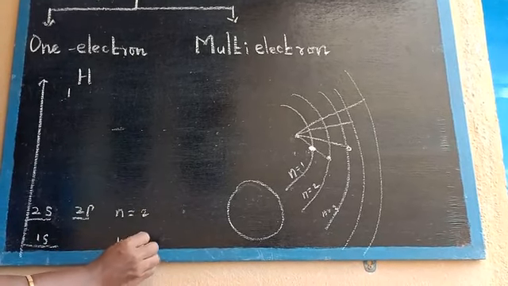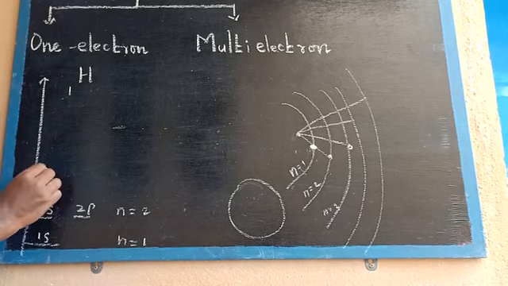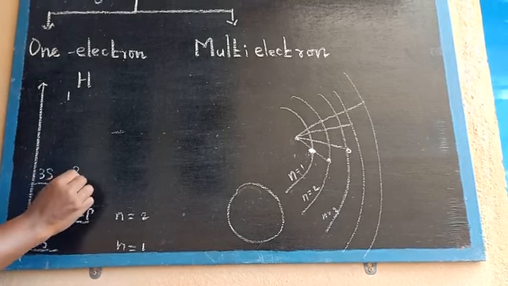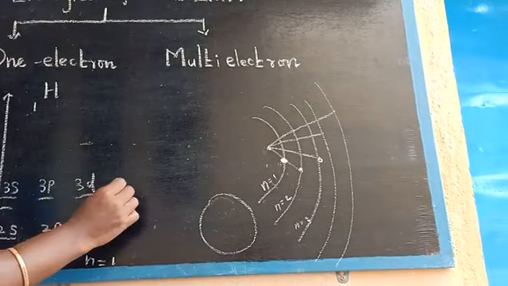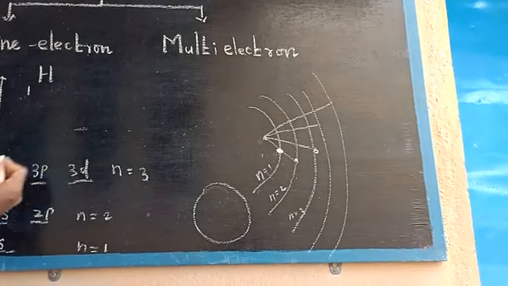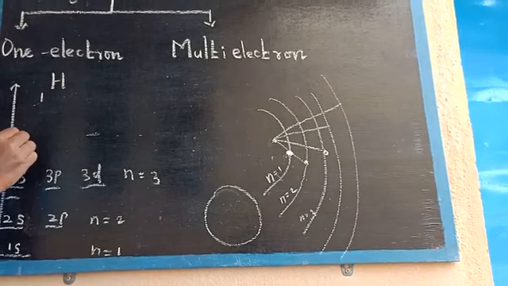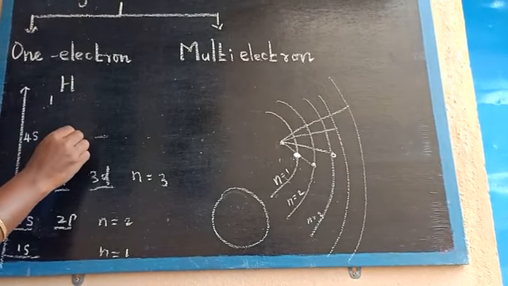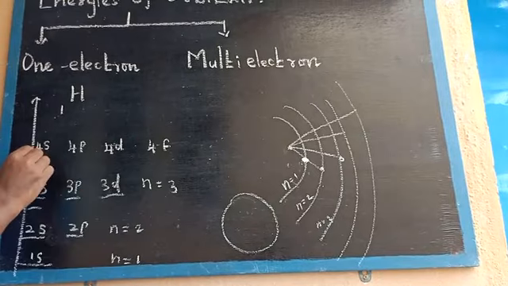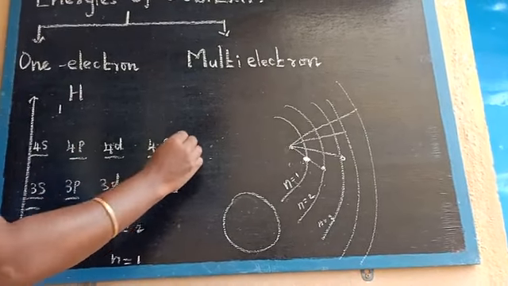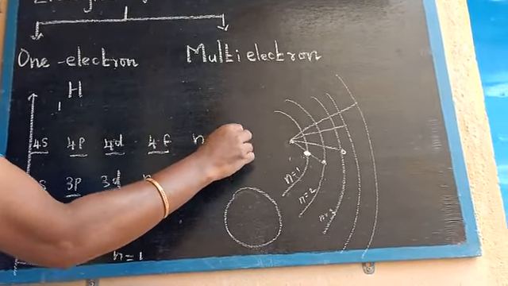This one is n is equal to 1. Next 3s, 3p and 3d, here n is equal to 3. Next 4s, 4p, 4d and 4f, for the n is equal to 4th shell.